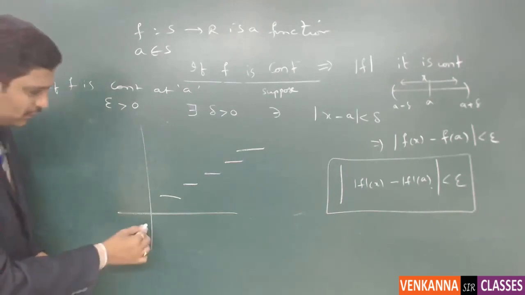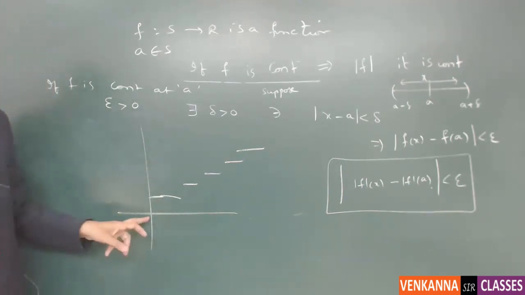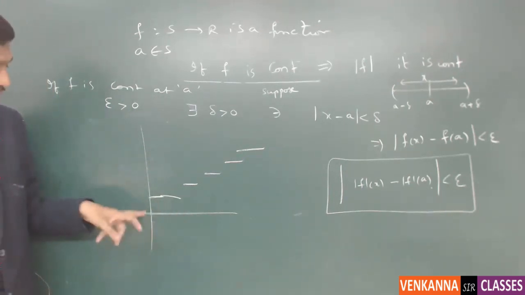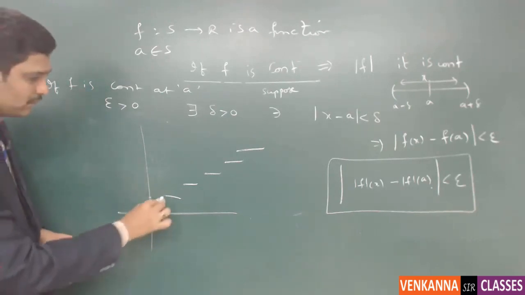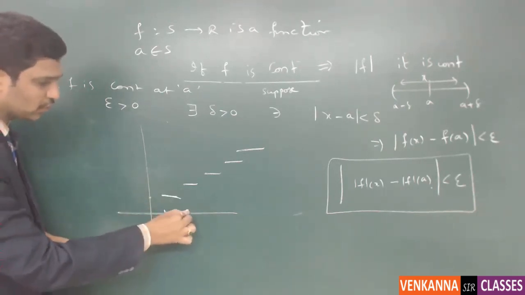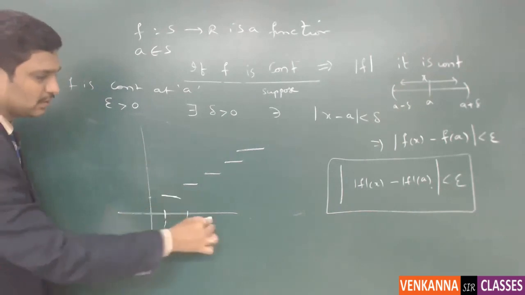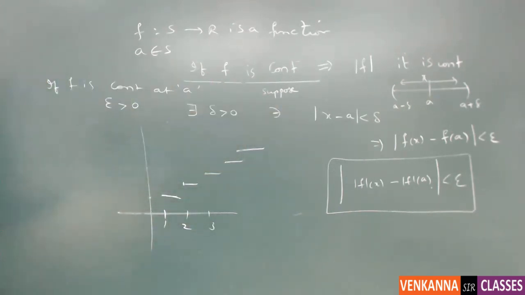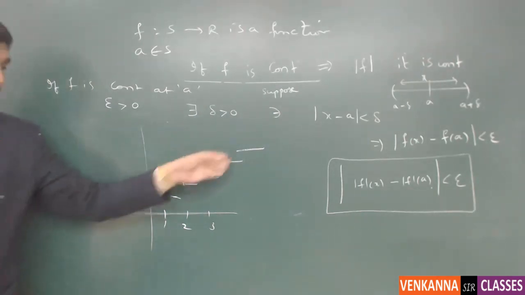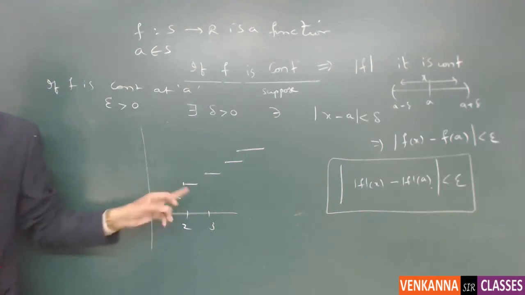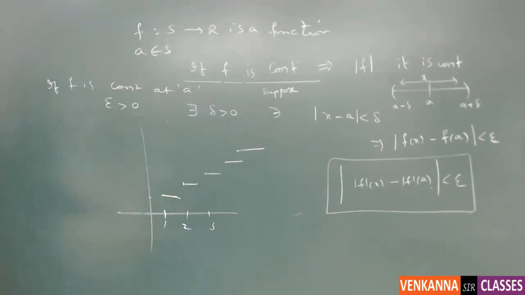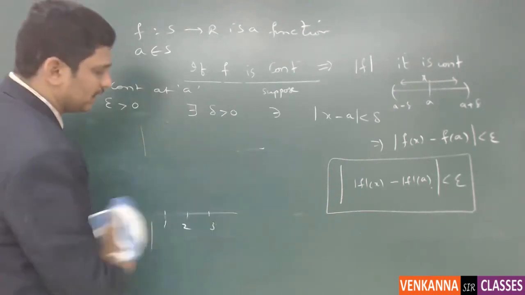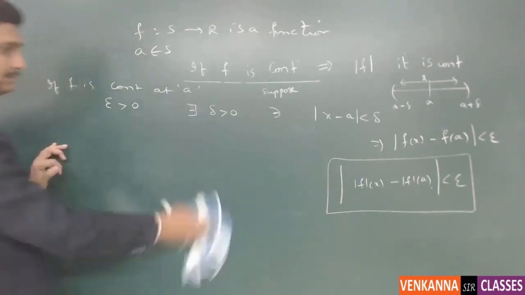Whatever real number you take, from 0 to 1 its value will be 0, from 1 to 2 its value will be 1, from 2 to 3 its value will be 2, like that it is going to come. The step function, if you draw the graph, has many points of discontinuity, but it is integrable. You will find that value. That's why theoretical results are useful in solving some practical problems.